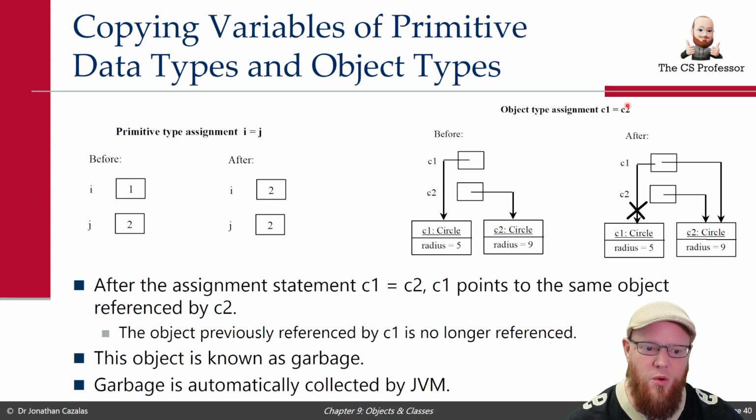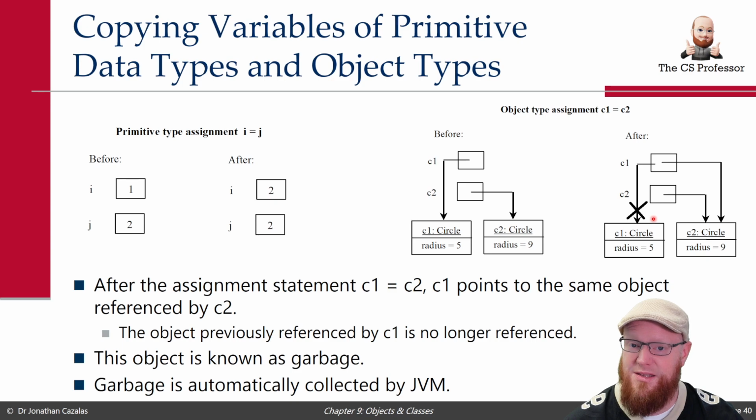We're really taking what is inside c2 and we're saving it into c1, which means what? That means that c1 is now going to point to, refer to, the exact same object that c2 points to.